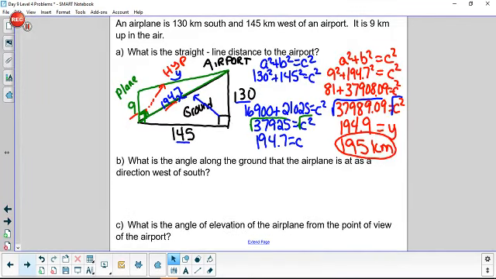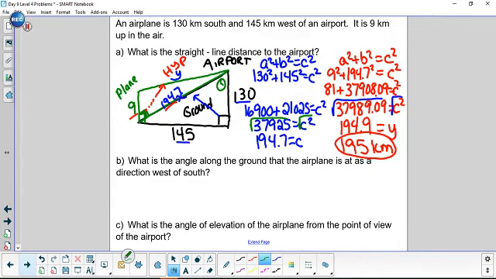The next question says, what is the angle along the ground, so we're in our ground triangle, that the airplane is at a direction west of south? So the thing to understand is from the airport, what is the angle that the airplane is at? So that is where we are looking for.